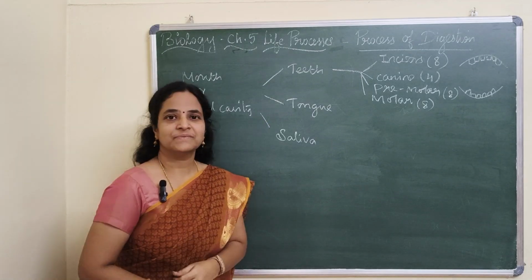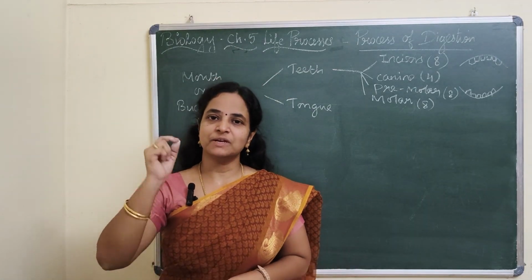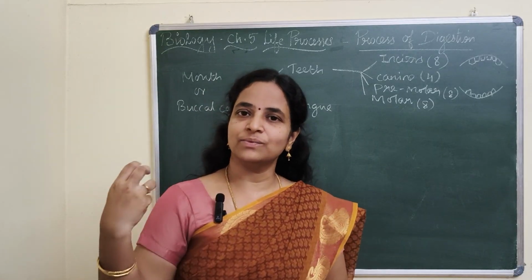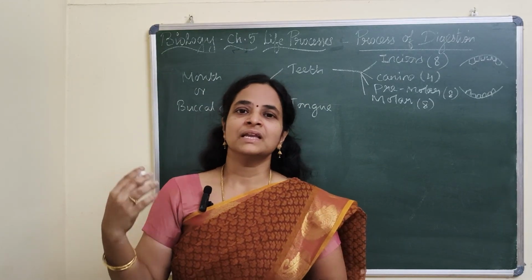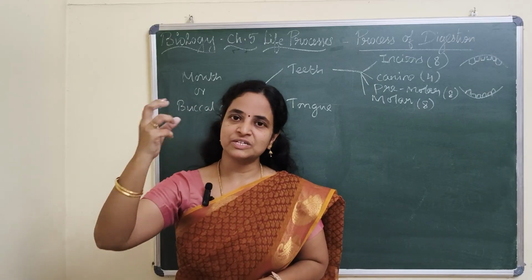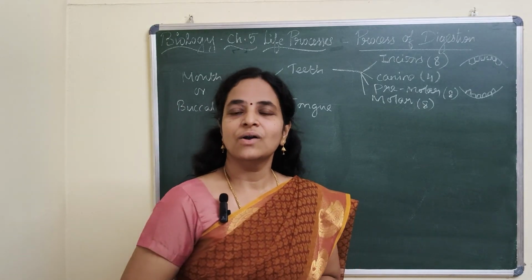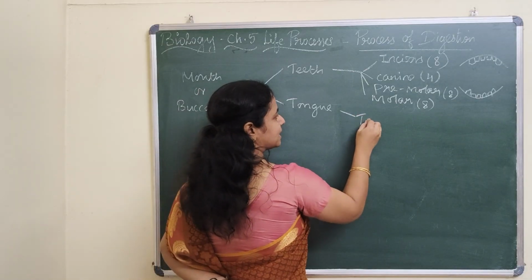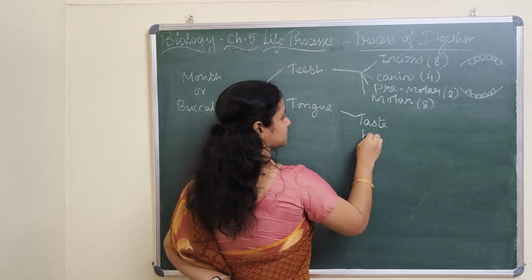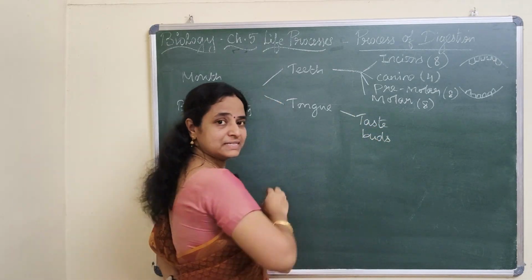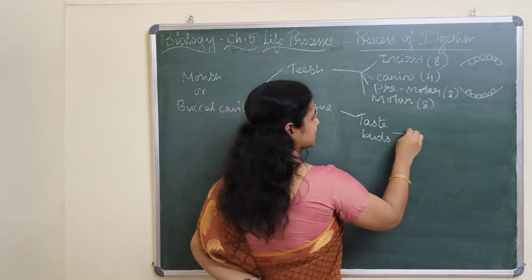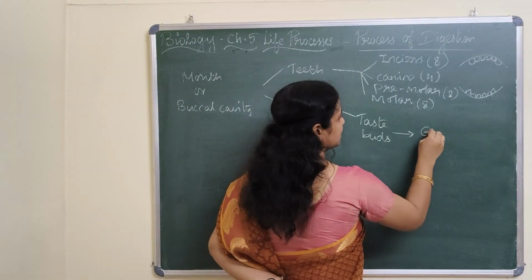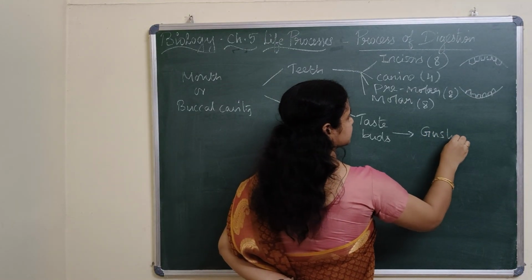Then comes the tongue. The tongue carries special cells called taste buds, which are necessary to find the different types of taste. They also have special receptors over their cells called gustatory receptors. The tongue will have taste buds, and these taste buds are covered by specialized receptors called the gustatory receptors.